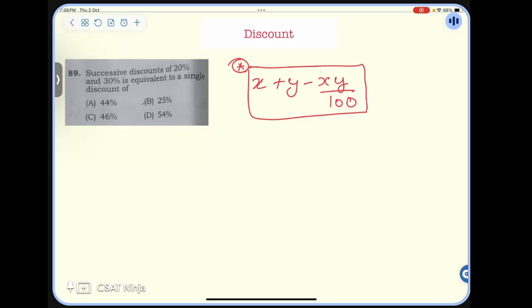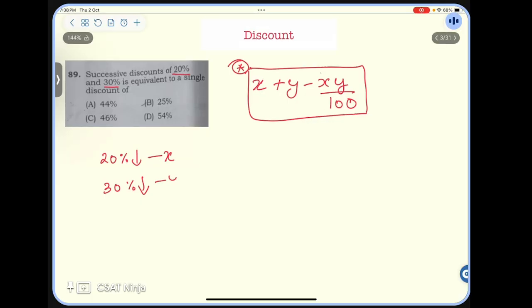In this question, there is a successive discount of 20% and 30%. That means there is a discount of 20% and another discount of 30%. There are two discounts, so I'll assume one of them as X and the other as Y. In place of X I'll put 20, plus in place of Y I'll put 30, minus 20 into 30 divided by 100.